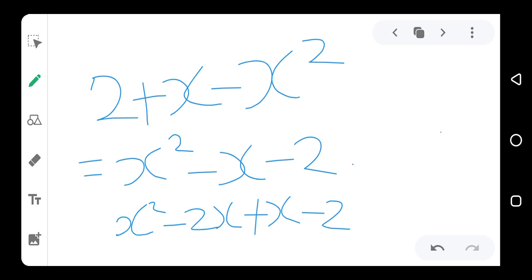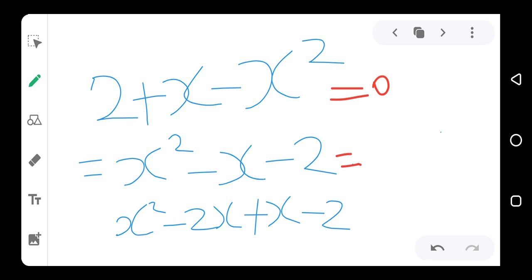2 plus y minus x, this is equal to 0. Now that is x squared minus x minus 2 is equal to 0. I just transformed this.